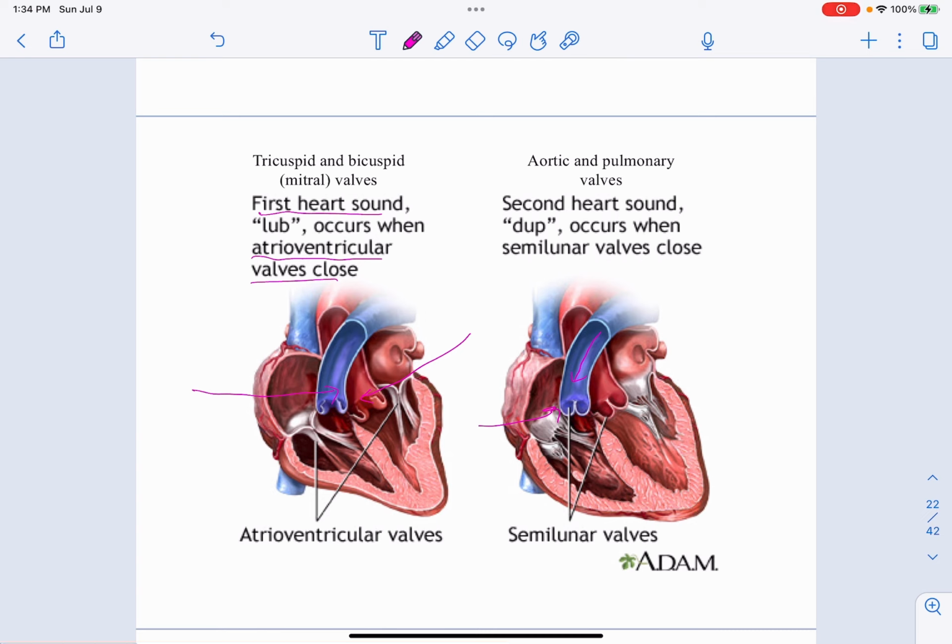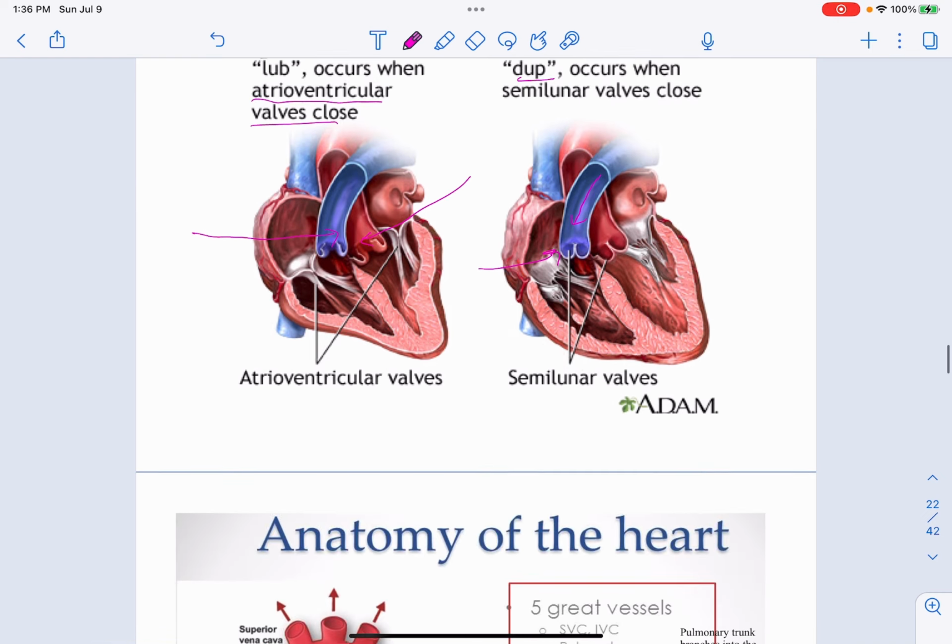That's when the tricuspid and bicuspid valves close. It produces a heart sound. The other sound that you hear, the dub, so lub dub, occurs when the aortic and pulmonary valves close. So there are two heart sounds that come from the closing of the valves.